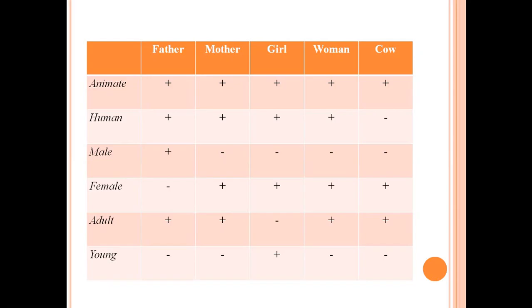What about mother? Mother has also this property, so plus sign. Girl, it has also this property, so plus sign. Woman, plus sign. Cow also has this property, so plus sign. So you can see father, mother, girl, woman, cow, all of them refer to animate beings. So that's why plus sign.